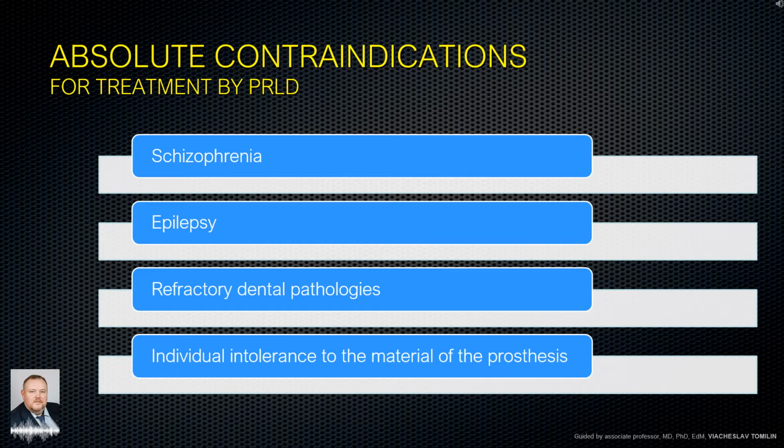Contraindications to orthopedic treatment of dentition defects with partial removable laminar dentures are divided into absolute and relative. In the first case, it is impossible to use a prosthesis due to the impossibility of changing the general somatic state of the patient. This is observed in schizophrenia, epilepsy, refractory dental pathologies, individual intolerance to the material of the prosthesis.